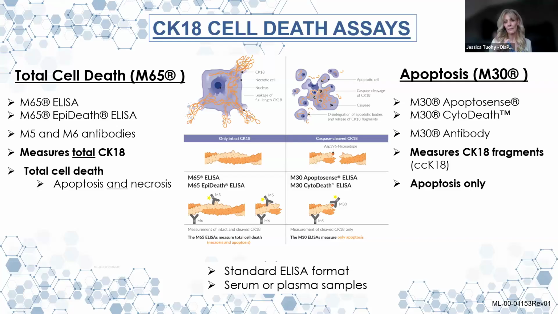Because that M30 antibody only detects those caspase-cleaved fragments, they therefore only measure hepatocyte apoptosis. So again, just a quick review, the M65 assays measure total cell death, and the M30 assays measure specifically apoptosis. Both assays come in a standard ELISA format, and they can be used with serum or plasma samples.